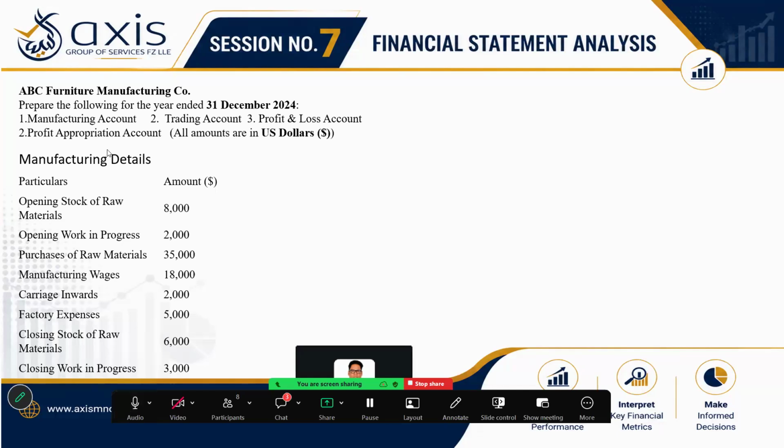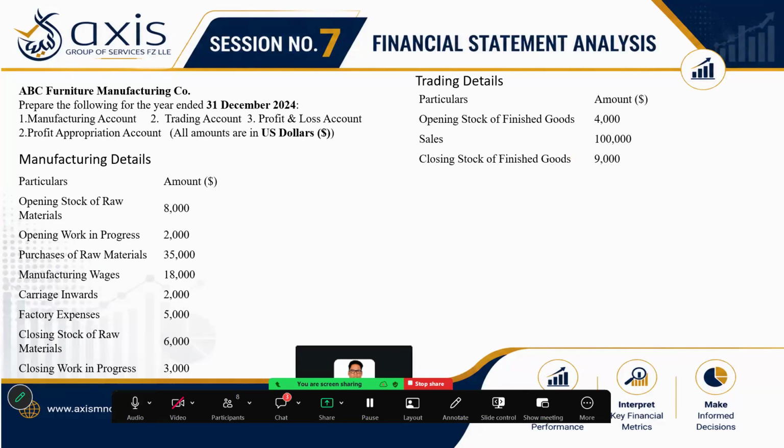Okay, next, prepare the trading account. Opening stock of finished goods, sales, and the closing stock of finished goods is given. So cost of finished goods, you take it from the manufacturing account.